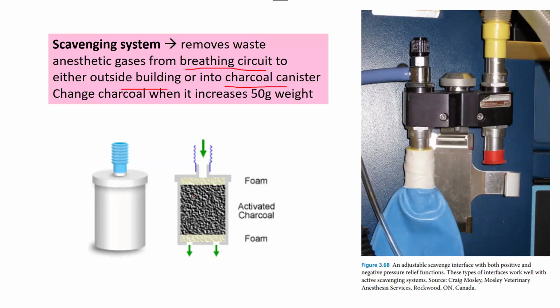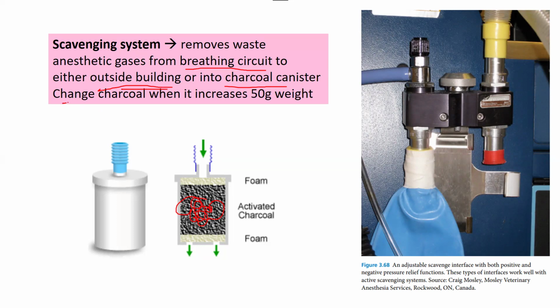So basically, there are charcoal canisters like this attached with the anesthetic machine, and either this charcoal absorbs the waste gases present in the operation room, or there is another scavenging system through which the waste and static gases are thrown outside the building.